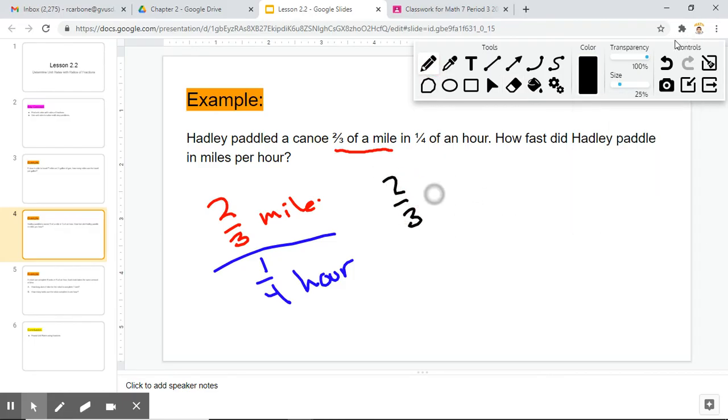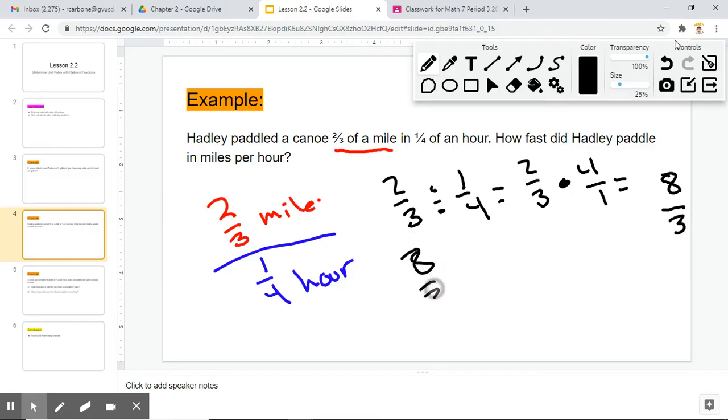We have 2/3 divided by 1/4. We're going to keep the first fraction, flip the second fraction, change from division to multiplication, and then we can just multiply this out here. So 2 times 4 would be 8. We're going to get 8 over 3. So Hadley can paddle 8/3 of a mile in 1 hour here. And this is miles per hour.